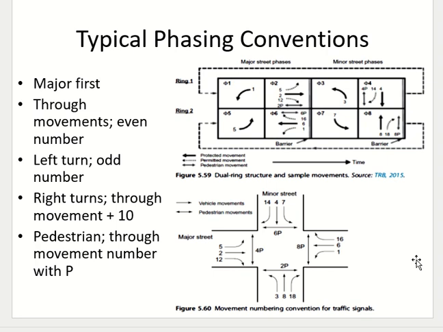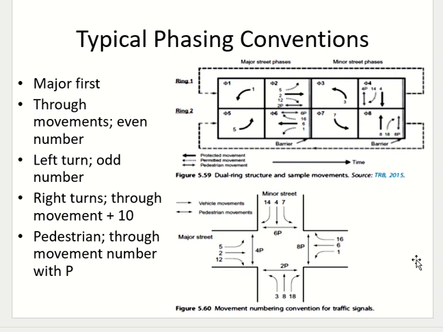Alright? Similarly, for right turnings, they use 10 plus the number. So you see this one is only 6 and this one is 16. They add 10 to the straight one and come up with a number for the right turn. So if you see 10 plus a number for a movement, that means it is a right turn.